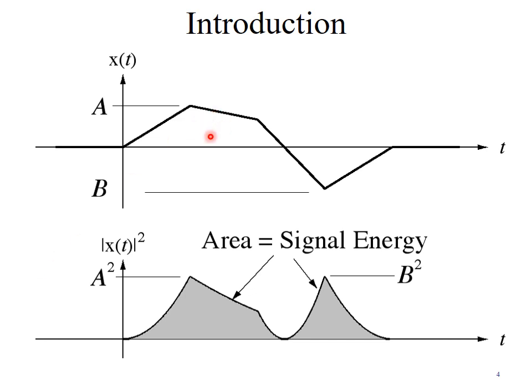You can see here, when we compute the square of the signal, a negative peak is converted into positive, and now you can apply the integral or compute the area under the curve to find the energy of the signal.